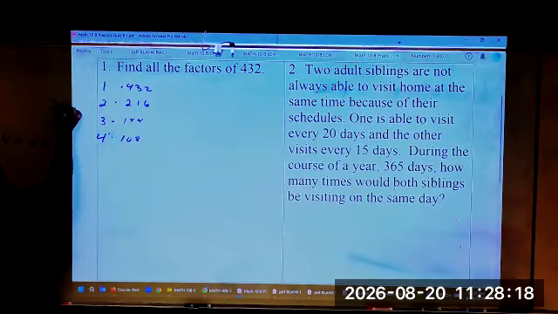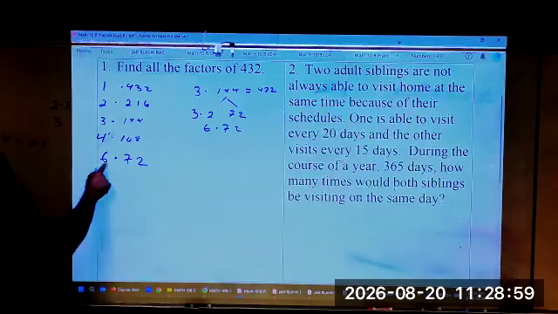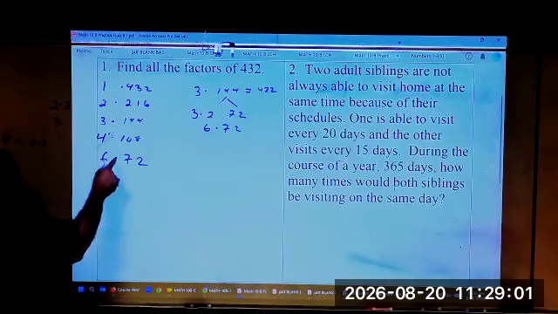But then I can say, all right, this is 3 times 2, factor that into 2 times 72. So it's 6 times 72. Or you go back to 432 divided by 6. So 6 times 72.